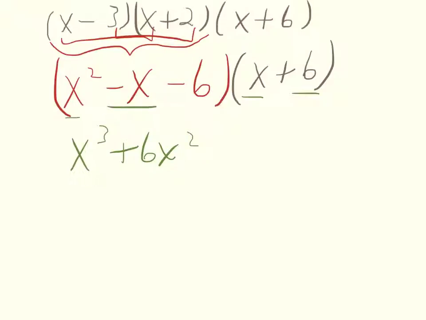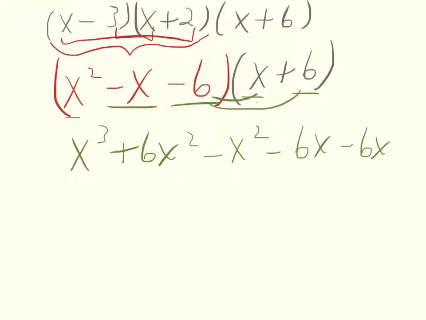Now I move to the negative x. Watch your sign. Negative x times x, the first one here, negative x squared. And then negative x times positive 6 is negative 6x. Finally, we move to the negative 6, and we multiply by x to get negative 6x.